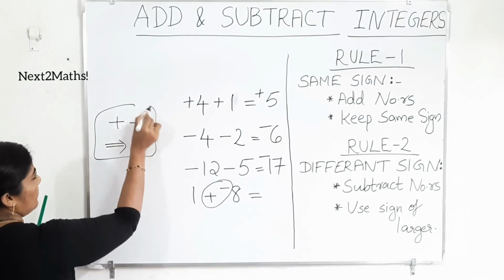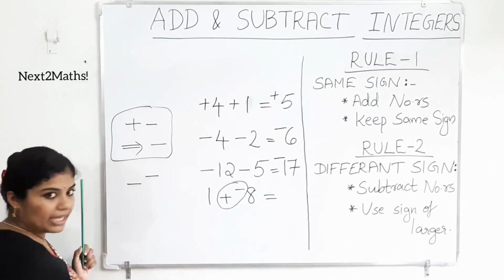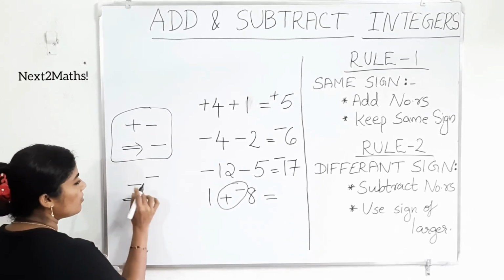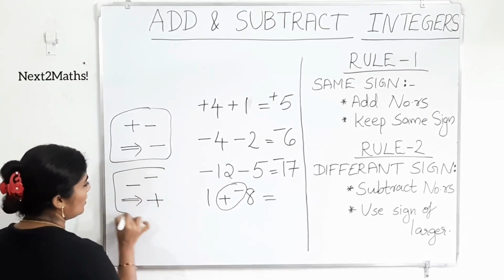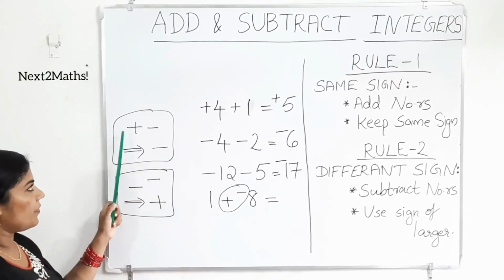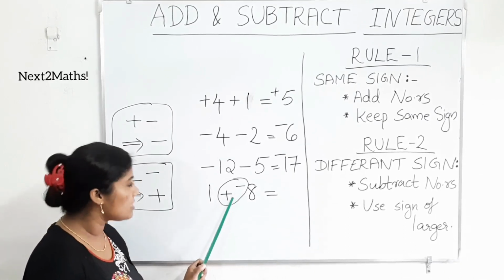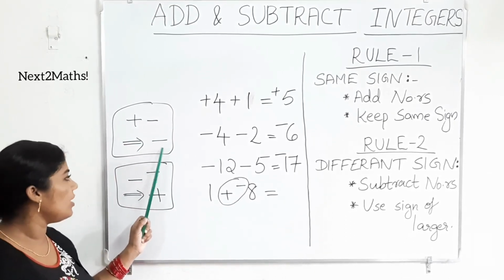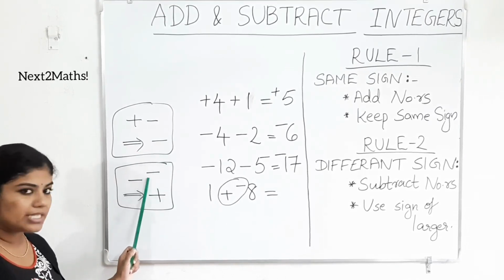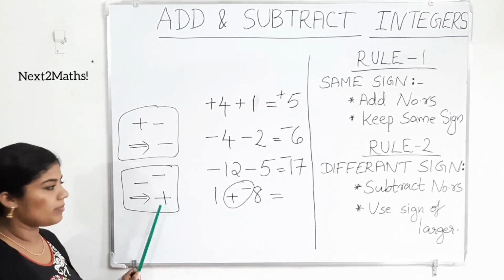Same as if you have two negatives together, you switch that to addition. Just remember this. If you have one addition and one subtraction symbol together, just switch to subtraction. And if you have two subtraction symbols together, just switch that to addition, means plus.